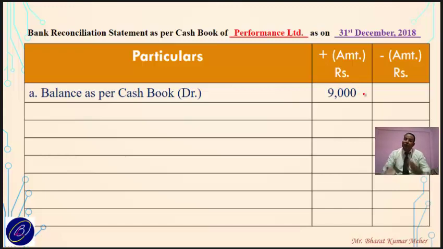If overdraft is written, then I have to put it on the minus side. Clear? So first point A is clear. The balance as per cash book is given and nothing is mentioned related to overdraft, so that's why it should be mentioned on the plus column.